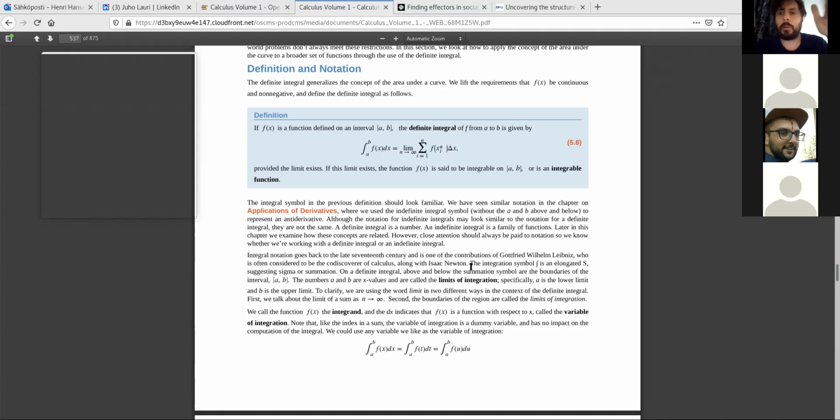And we talk about the Riemann integral, but if you study analysis further, you will encounter functions such as the Lebesgue integral. And those are more general in nature because they don't require the function to be continuous.